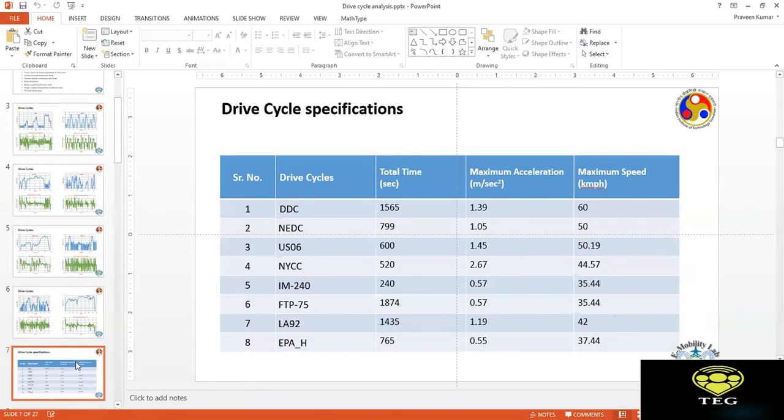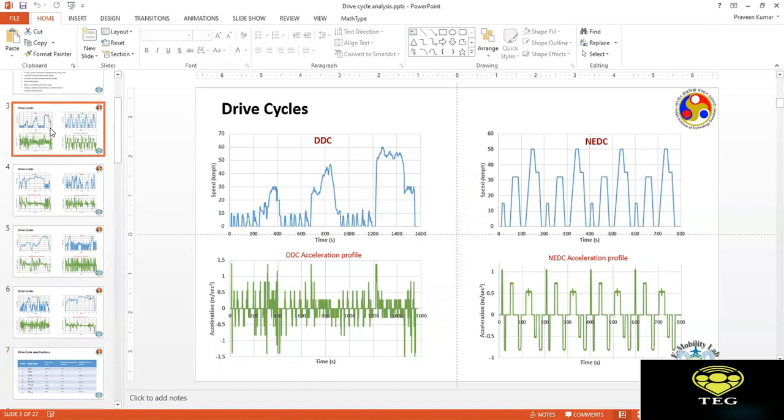New York City cycle has almost twice the acceleration demand of Delhi drive cycle. That's point number one. So that means my prime mover should be able to produce a high torque to meet the acceleration demand of NYCC. Now, having looked at that point, tell me about the speed.